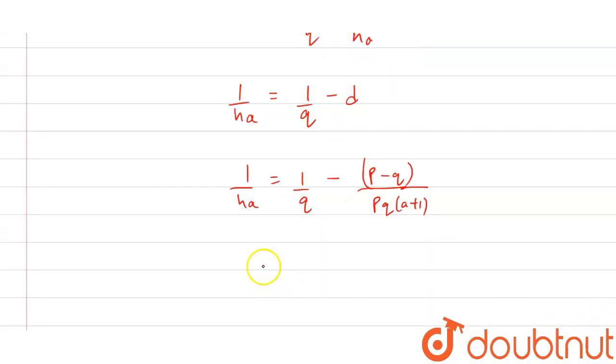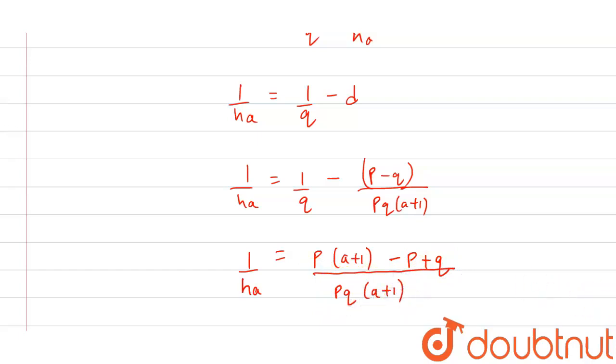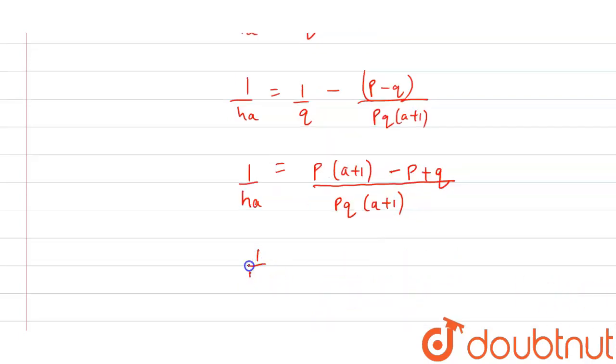So 1 upon h of a is equal to, q is common, so we multiply by p into (a plus 1), and this becomes minus p plus q, divided by pq into (a plus 1). If we open this bracket, we get 1 by h of a is (ap plus p minus p plus q), so p and p cancel out, divided by pq multiplied by (a plus 1).